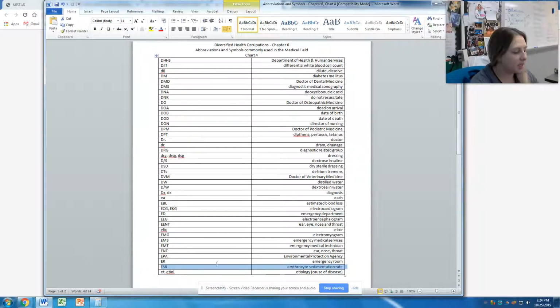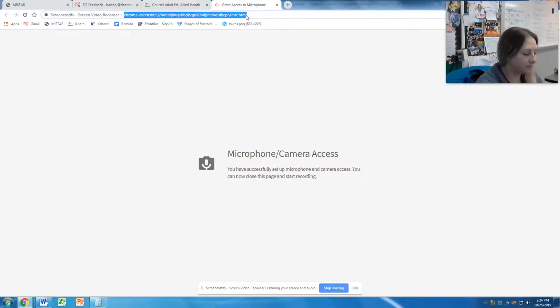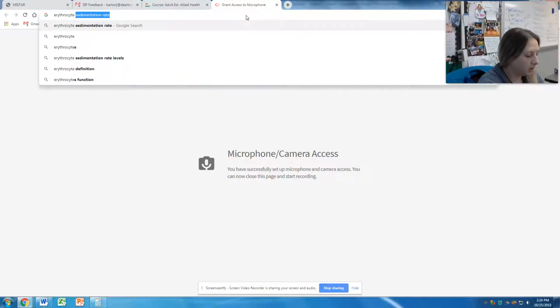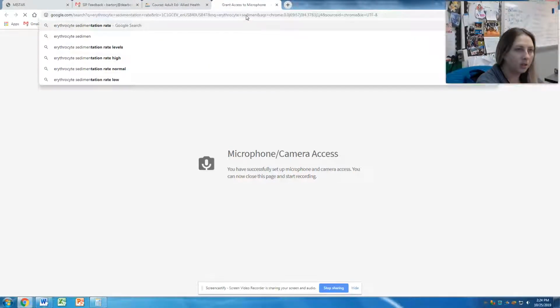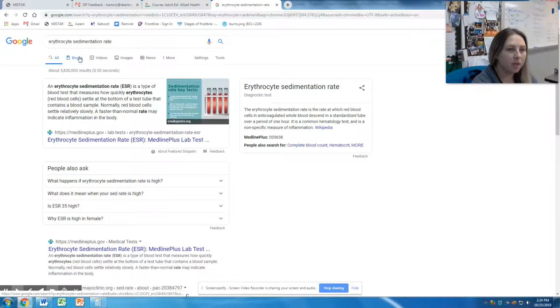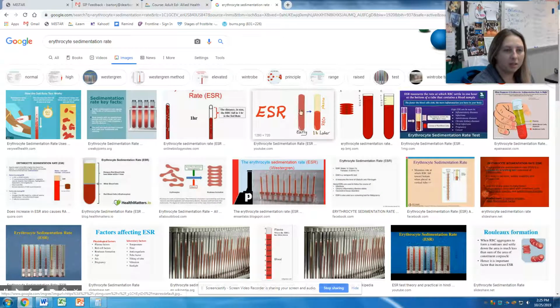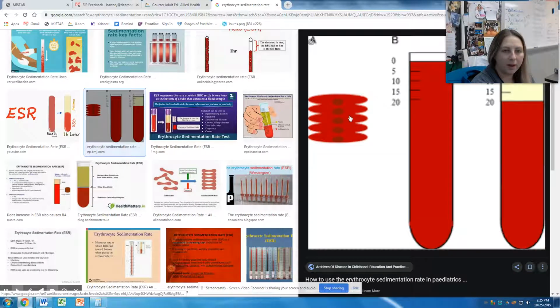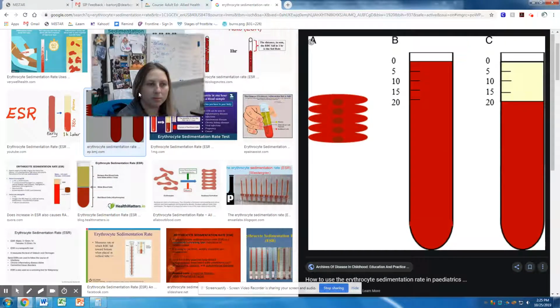ESR, erythrocyte sedimentation rate. So this, I want to find a good picture. So this is a blood test where they look at, this over here. They look at a vial of blood, okay? And then in a certain period of time, they look to see how far down the red blood cells drop.